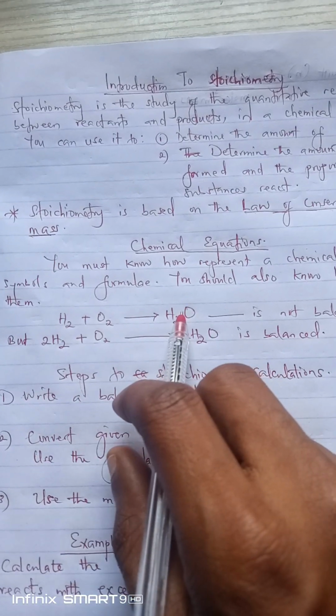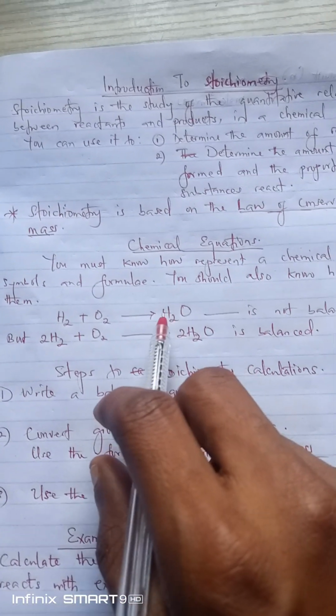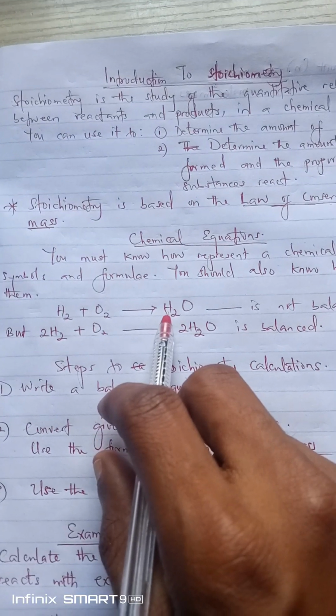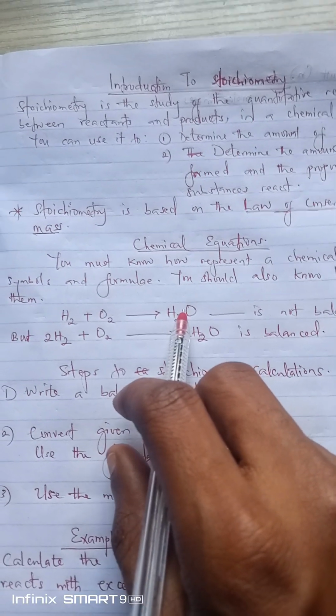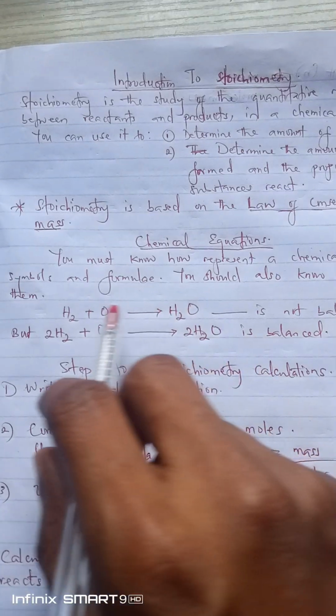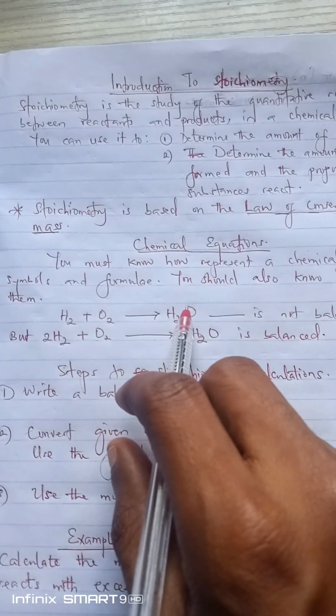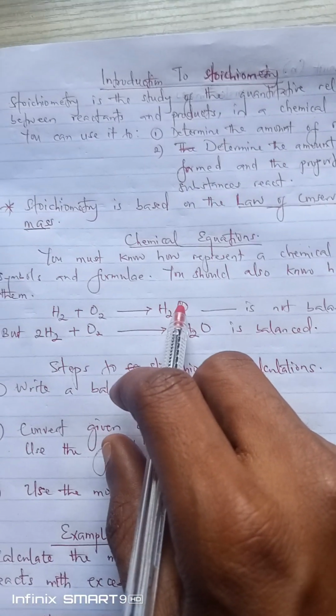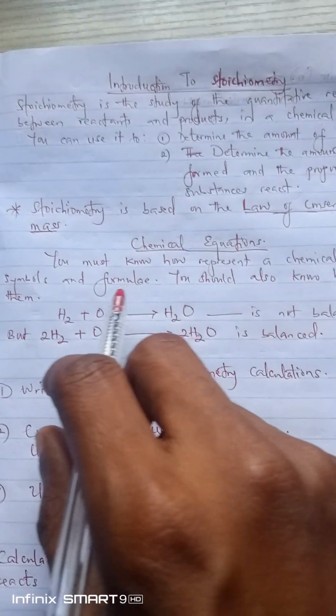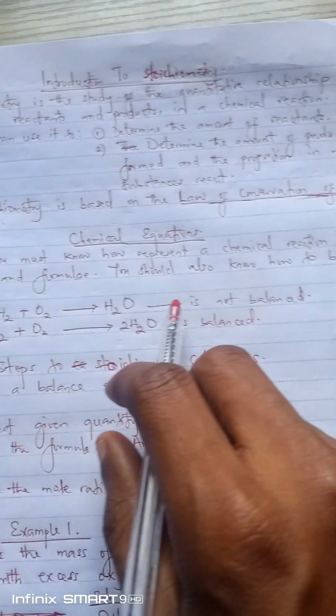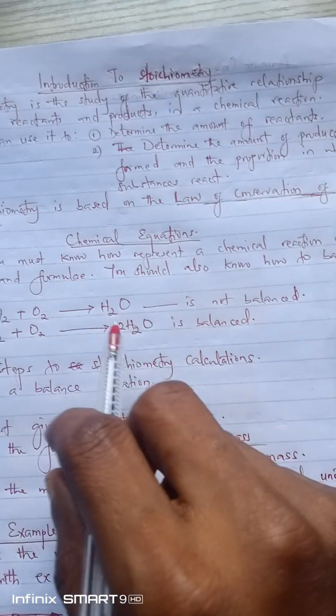But when you come to the product side, which is water, we have two atoms of hydrogen and one atom of what? Oxygen. So oxygen was 2 here, but it is now 1 here. Since the number of oxygen here is not equal to the number of oxygen here, the equation is not what? Balanced.